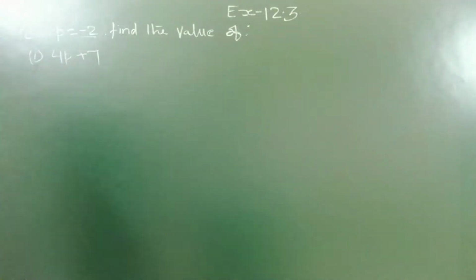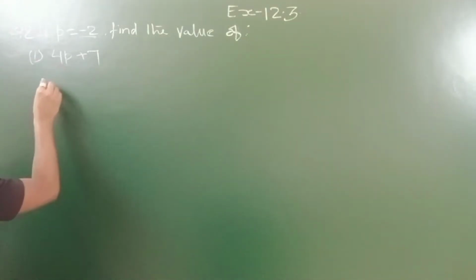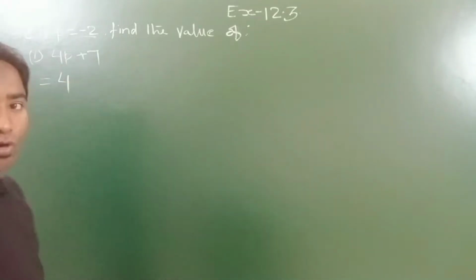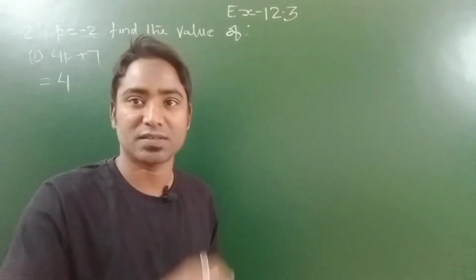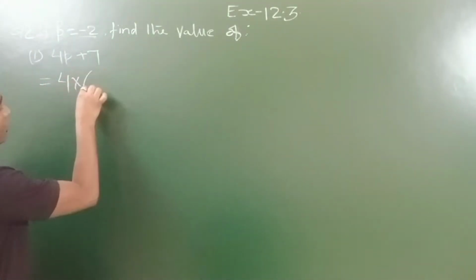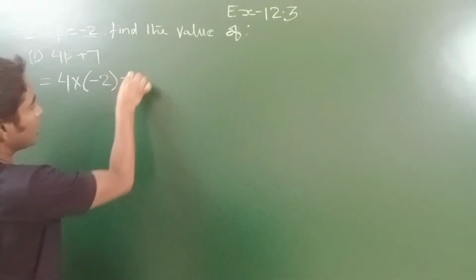So let us start our solution, students, and find the value of this expression, that is 4p plus 7 at p is equal to minus 2. So here, followed by the equal to sign, in between 4 and p I have already explained that a multiplication sign is there. So here 4 into, now we will put the value of p is equal to minus 2, plus 7.